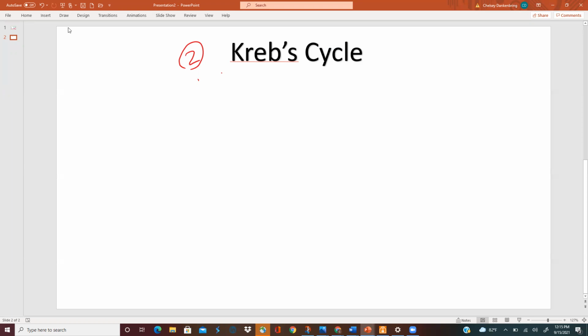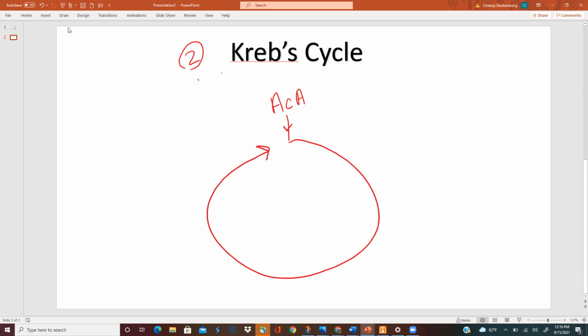I'm going to abbreviate acetyl-CoA as a little c, big A, and I'm going to draw it like this. It's entering into this cycle. So here's my Krebs cycle, very fancy, I know. I'm going to label it just so that on your paper, you're committing this to memory.